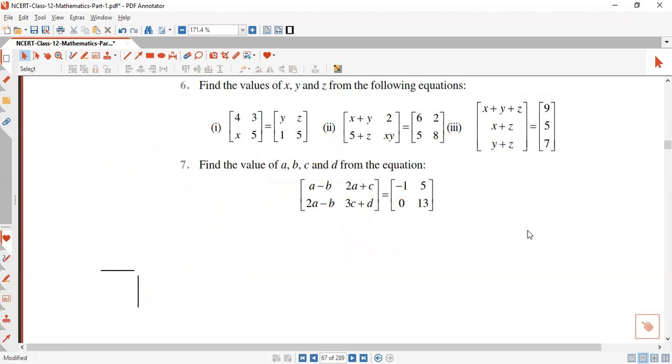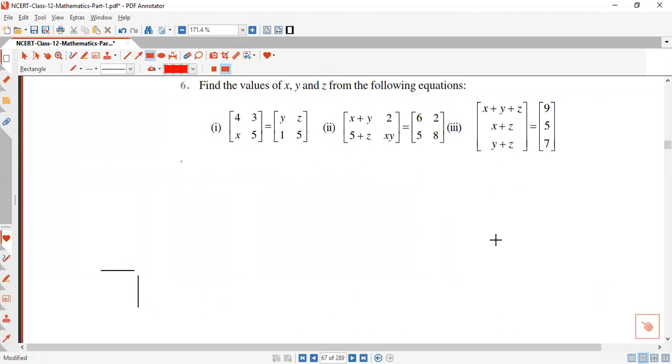Now, similarly, for the second part we have to find the value of x, y, z, because these two matrices are equal. The order of the first matrix is two rows, two columns, 2 by 2, and of the second matrix also 2 by 2. So the corresponding elements are also equal.